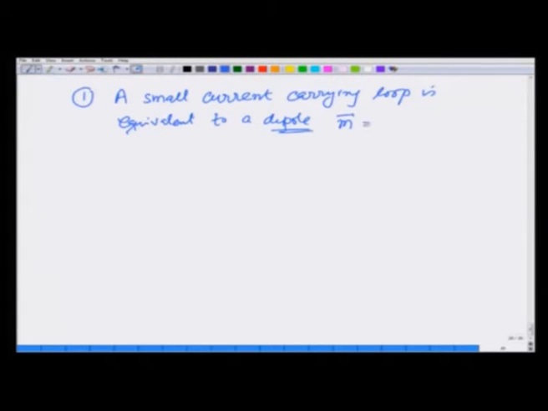M is equal to the current times the area with a vector A of the loop, where A is again given by the current direction. If the current direction is counterclockwise, A would be coming out. If the current direction is clockwise, the area would be going in. Again, we will calculate the vector potential due to this and show that the vector potential goes as if it is coming out of a magnetic dipole like this.